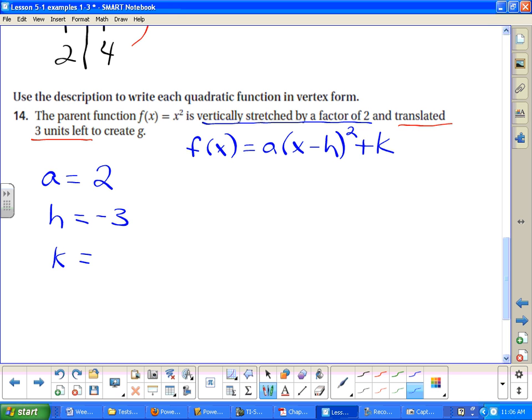Okay, does it say anything about vertical changes? So what's the value of K then? 0. All right, good. So G of X is equal to 2 times quantity X plus 3 squared.